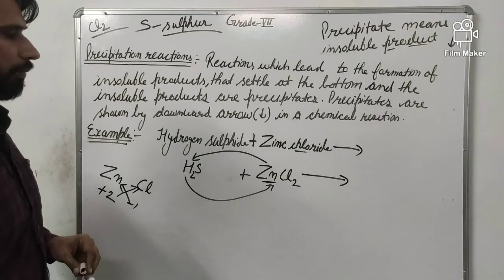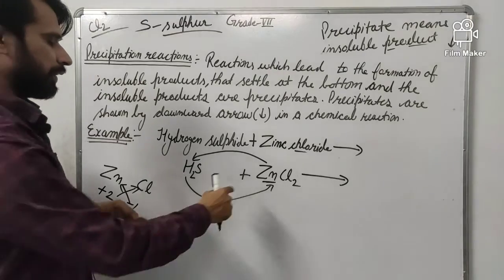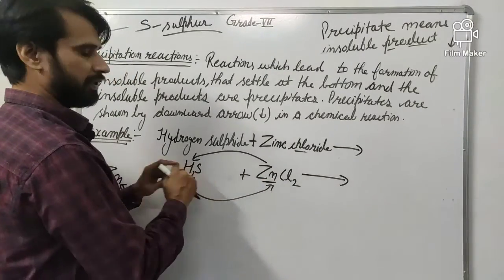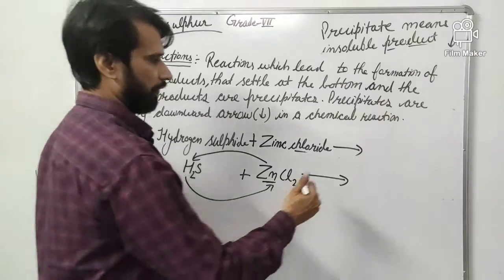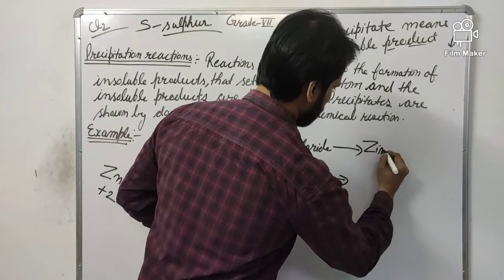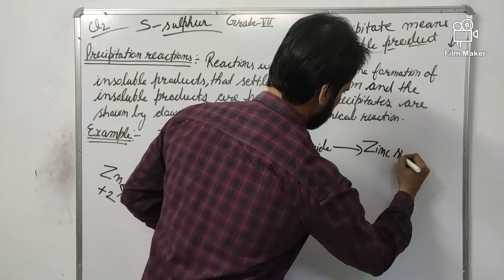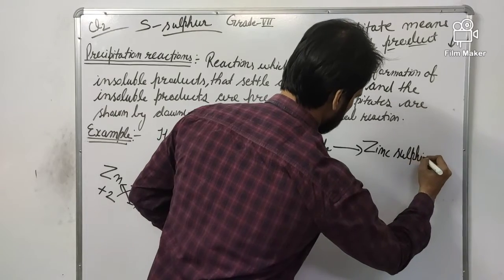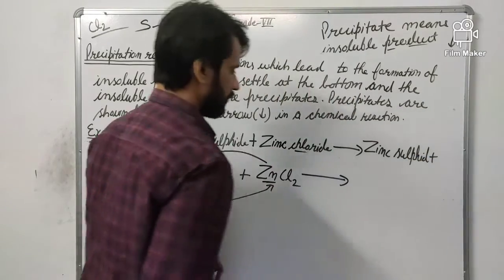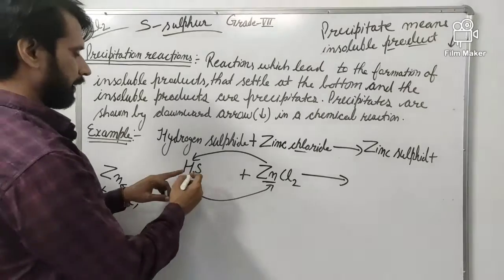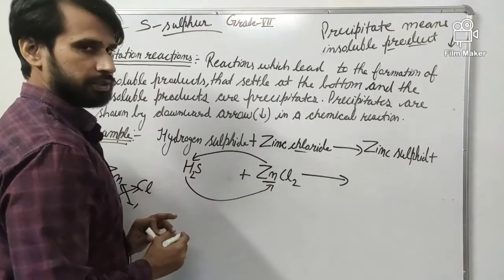So two products are formed. Which two products are formed? Zn combined with S. It means zinc sulfide. The first product is zinc sulfide, plus the second product, H will go in place of Zn.